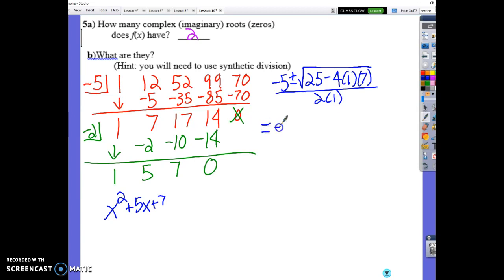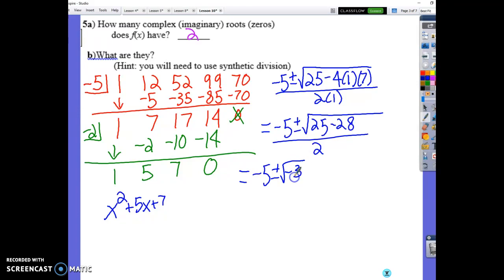Let's simplify inside. 25 minus 4 times 7 is 28, so minus 28, all over 2. 25 minus 28 is -3, all over 2.